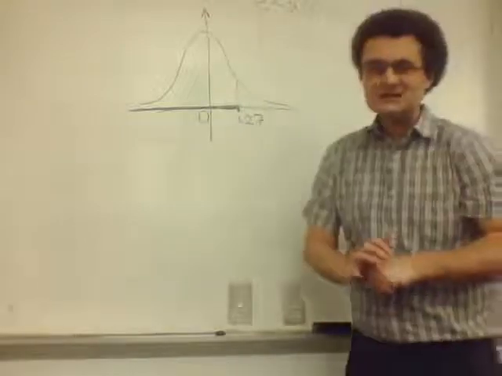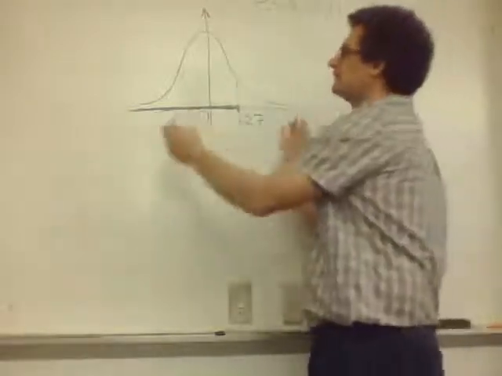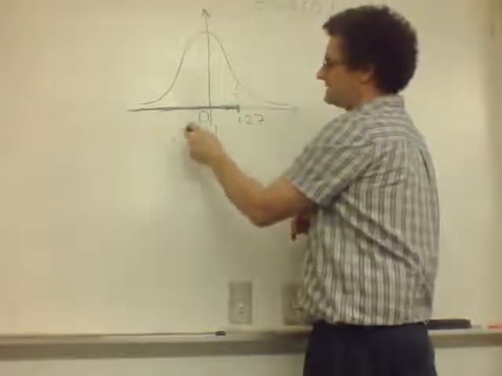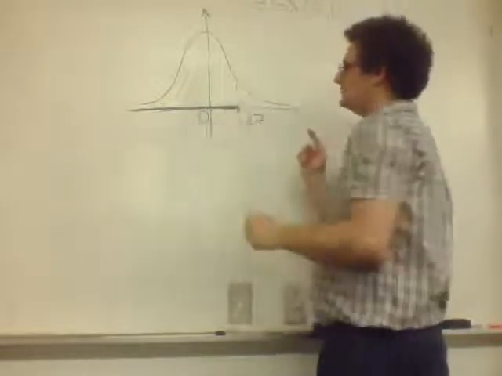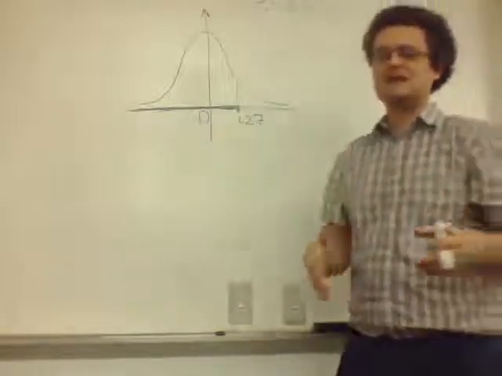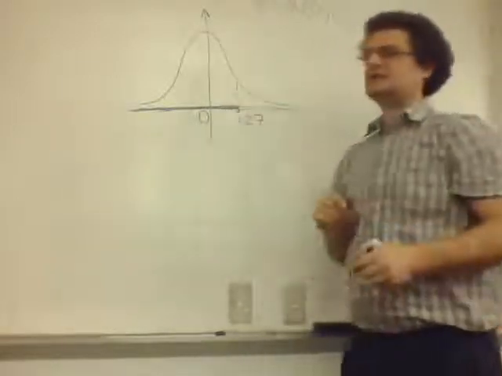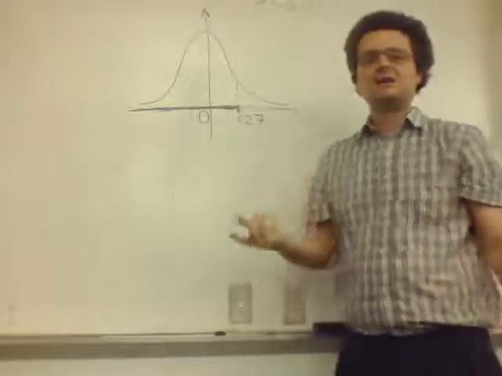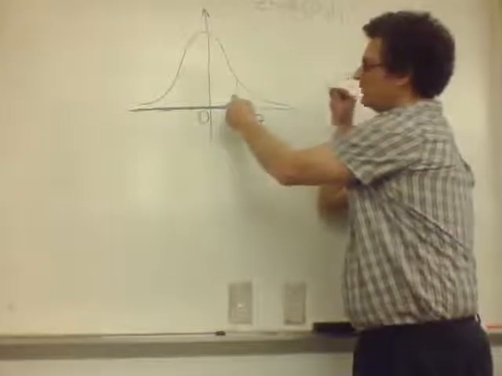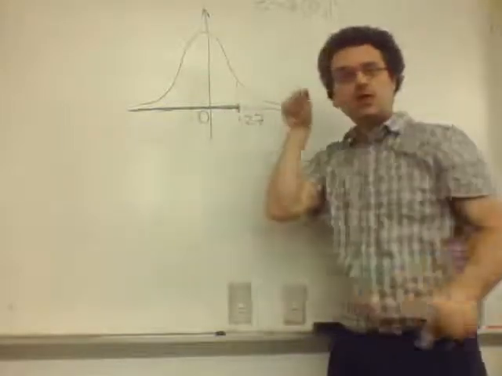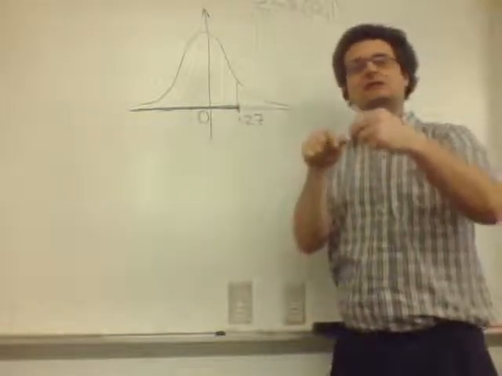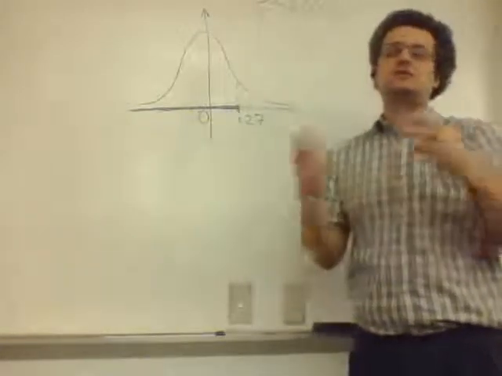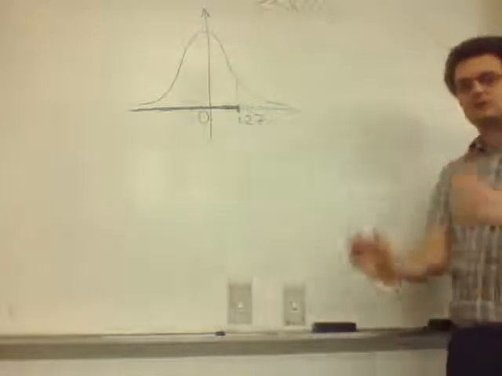In this particular problem, we are looking for the probability that the random variable x takes a value less than 1.27. Whether it's strictly less than 1.27 or less than or equal to doesn't matter, because including just one point means including an event whose probability is 0, so you are not affecting the overall probability.